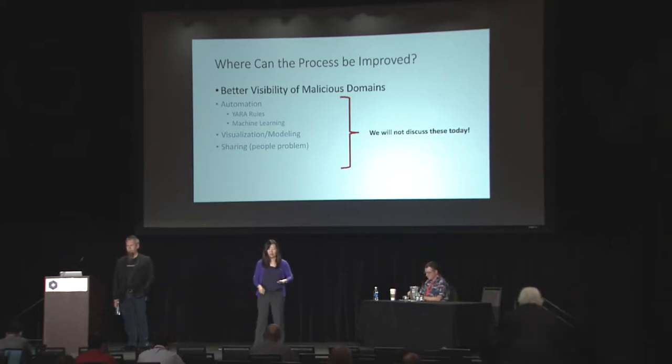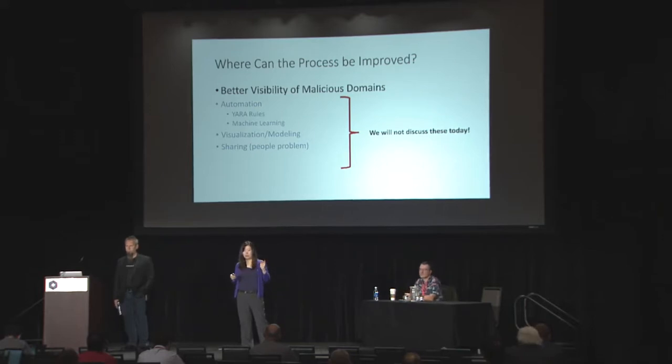Okay, so what we're not going to do today is talk about visualization, sharing, automation, so this is an area that I feel like visibility, getting more of that is very important, because ultimately it's going to help you put together a much better picture of what happened in your environment, and also share that information with your peers.